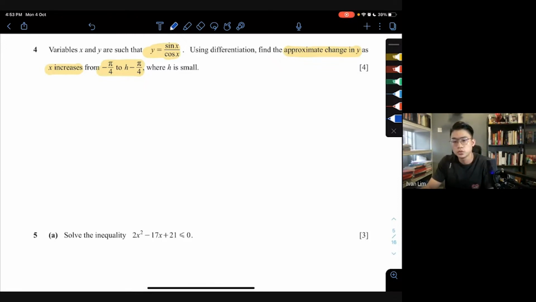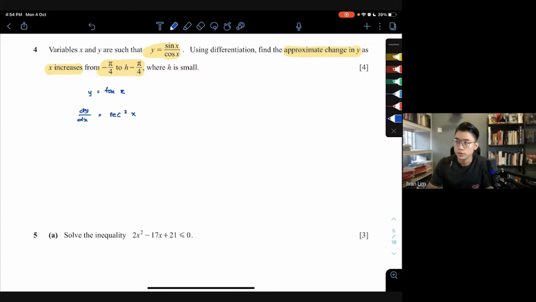Don't need to do the quotient rule with this. Sine x over cos x is actually tangent x. So change it to tangent x first. This is the first mark. Because we have learned that tangent x differentiates to become secant squared x, right? So dy over dx equals secant squared x.